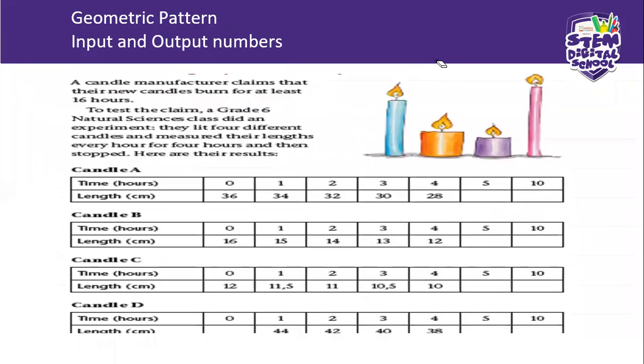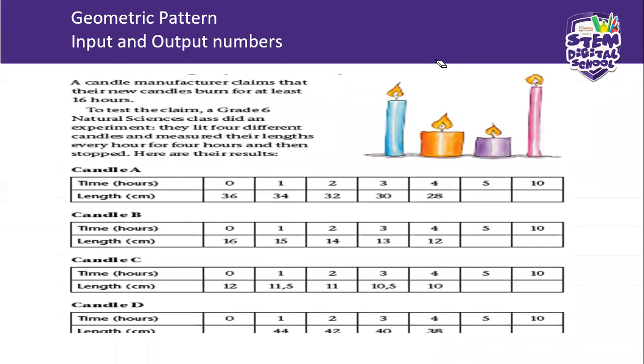Then we come here. Let's first read the scenario. After reading the scenario, you get to see how it is working out. So here's a scenario for different candles, and the lengths are as we know that as we go down, you can see that it is decreasing for most of them.